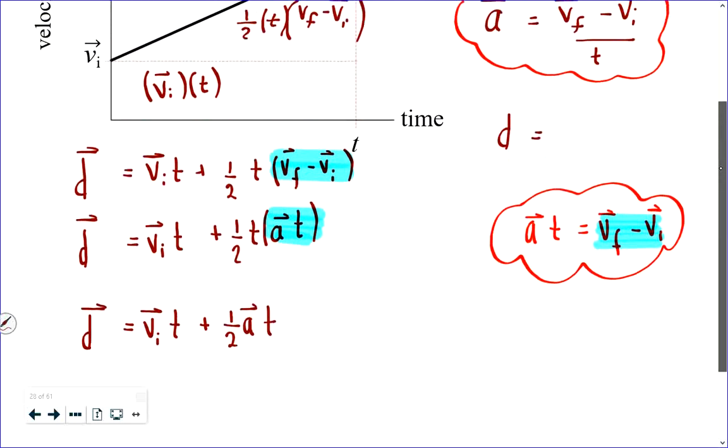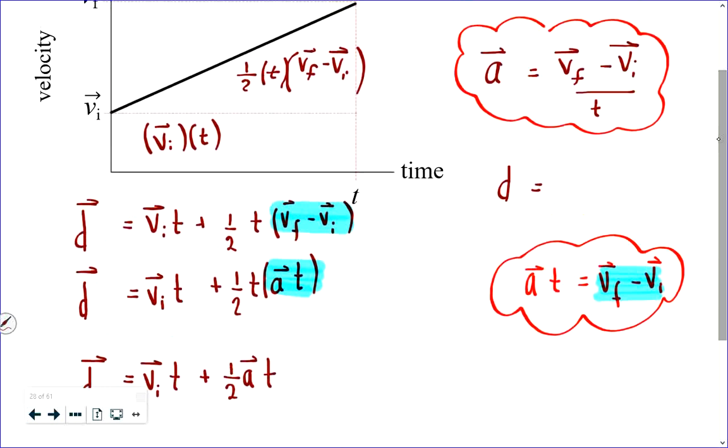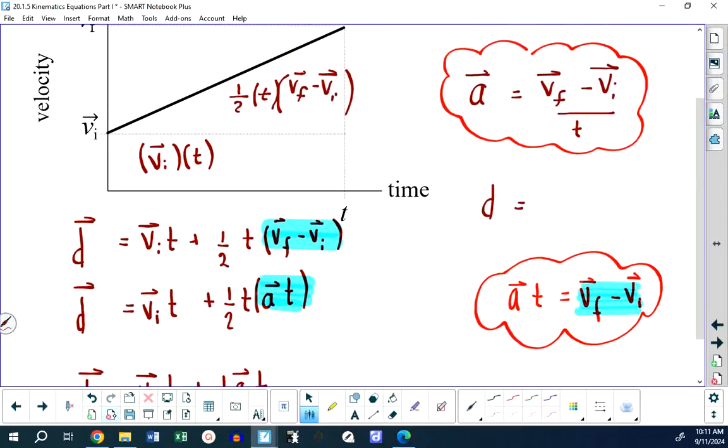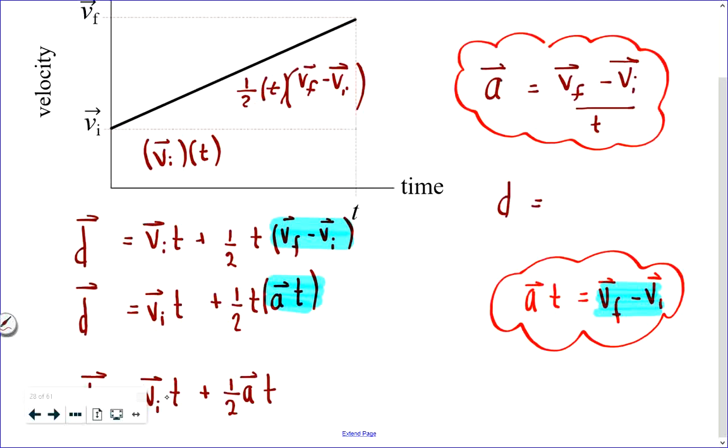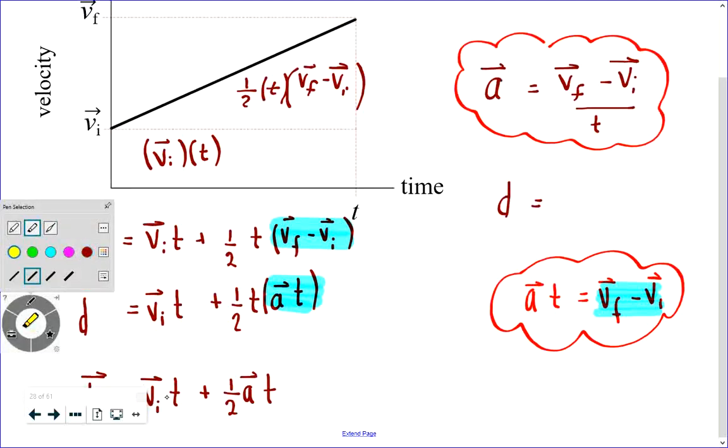Now what I have, and I forgot to write squared here. I believe I said squared, but I forgot to write it.